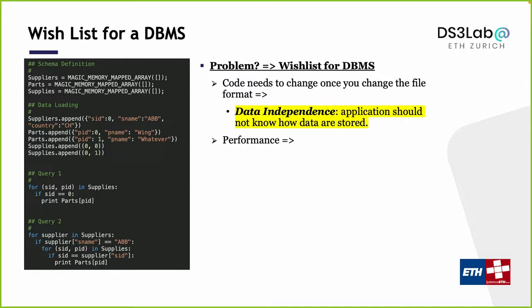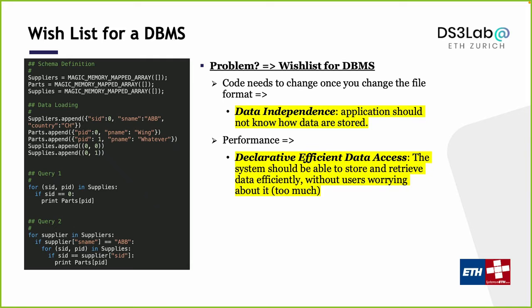So the second problem is about performance, right? How can we optimize the query and make that fast when my data is on a hard drive? Here, the property we want from a database management system is something we call declarative efficient data access. Essentially, the system should be able to store and retrieve the data efficiently without the user worrying about it.